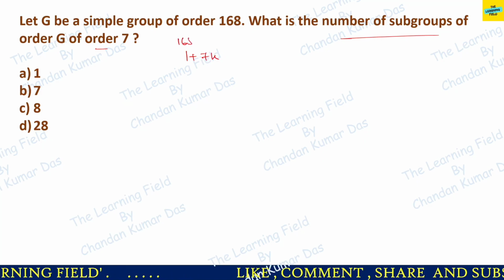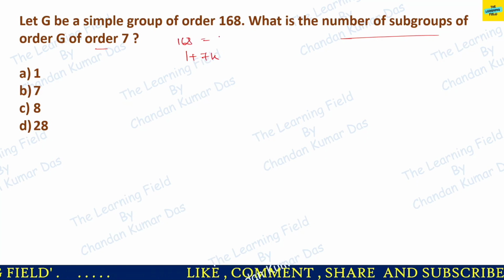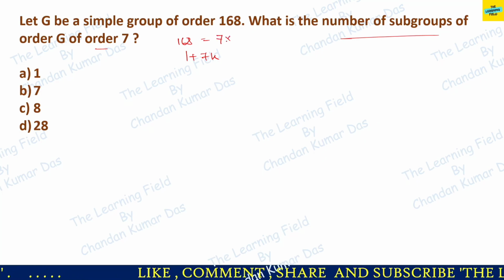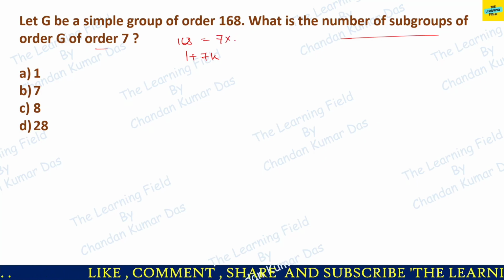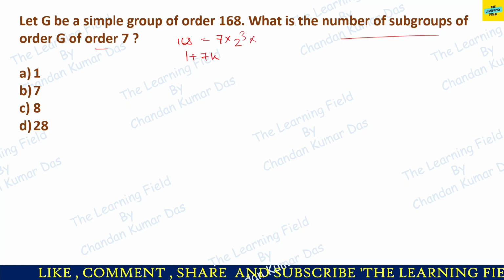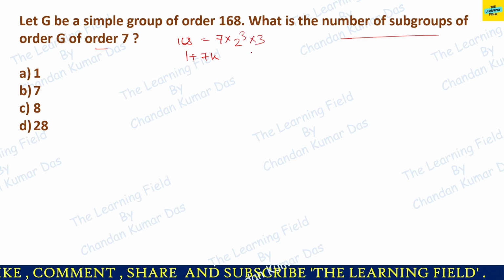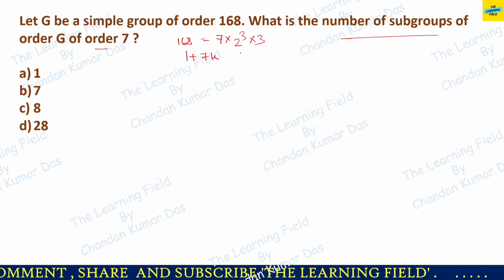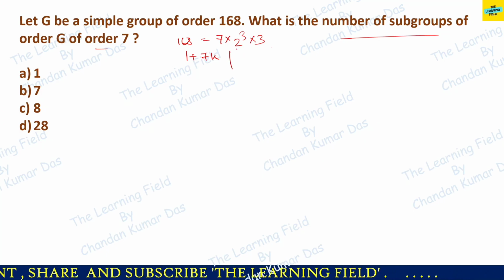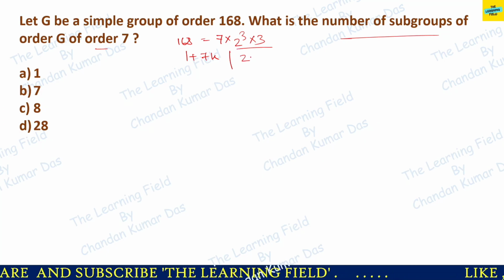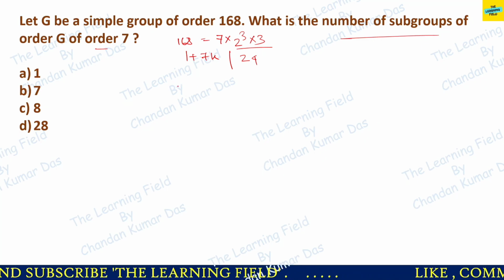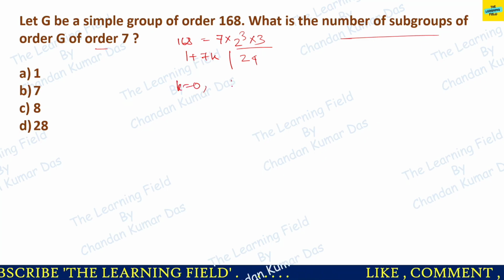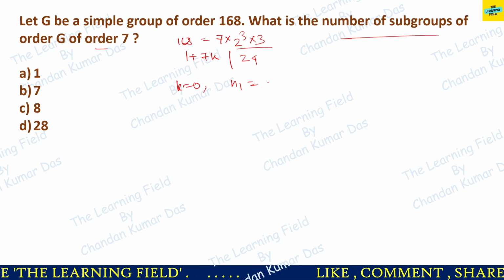Since 168 is equal to 7 into 2 cube into 3, that is 8 into 3 is 24, and 7. Now 1 plus 7k must divide 24. If we choose k equal to 0, then n7 is equal to 1.